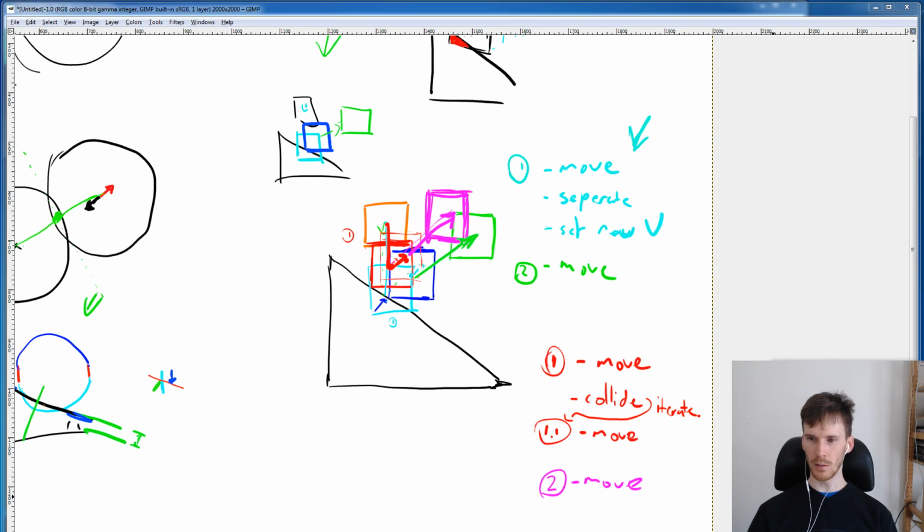Oh, right. Okay. And maybe that's just dumb gameplay stuff that I'm making harder for me to understand. So in this separate step, this is where we get the blue box, and then in this set new velocity step, we're getting the velocity vector green that we're going to use in the next frame.